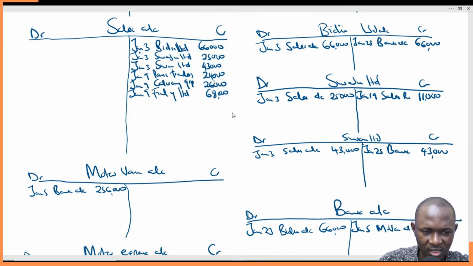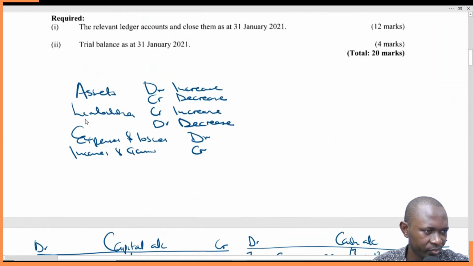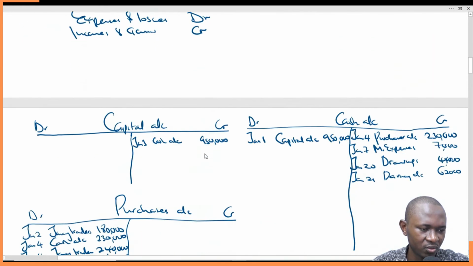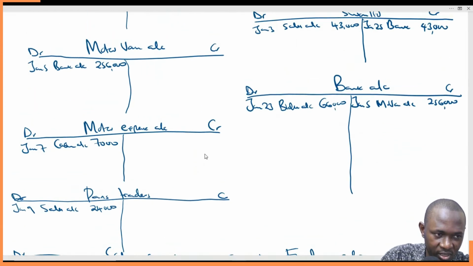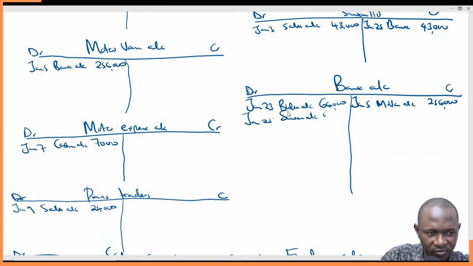Let me just confirm. Swan, 43,000, yes, through a check. So the bank will receive this money, January 25th, Swan account, 43,000.